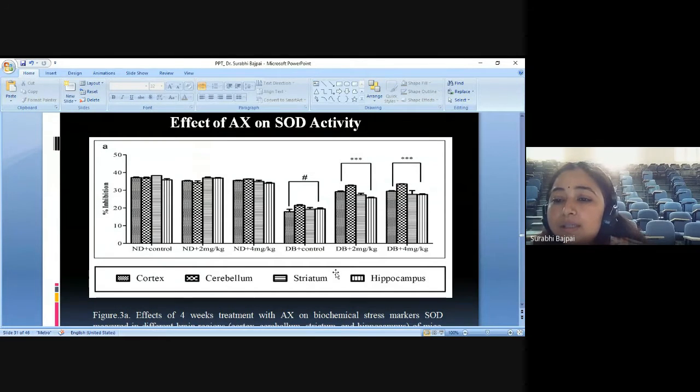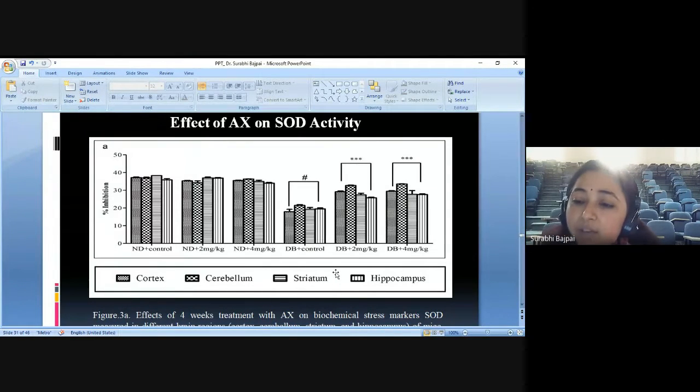This was confirmed by taking different brain samples from different groups of mice, the diabetic versus the non-diabetic mice. The diabetic neuropathic mice were sacrificed, and the non-diabetic mice were also sacrificed, and the different brain sections were taken out, like the cortex, cerebellum, striatum, and the hippocampal lobes, and studied for the effect of astaxanthin.